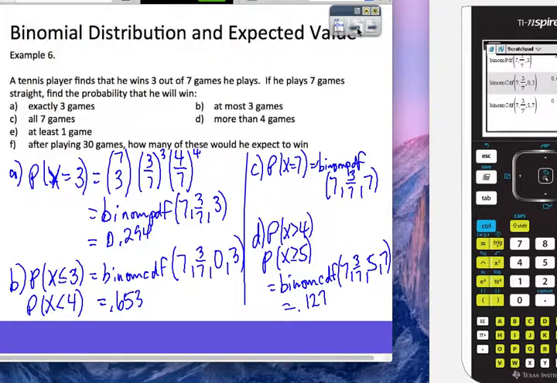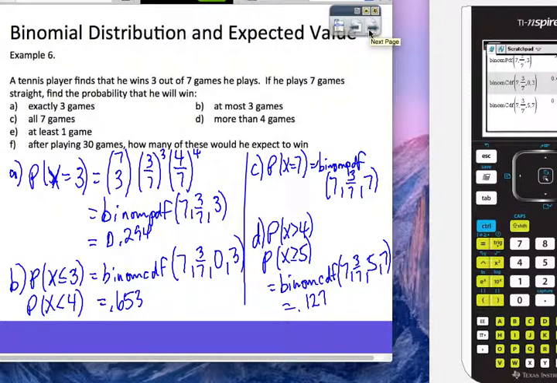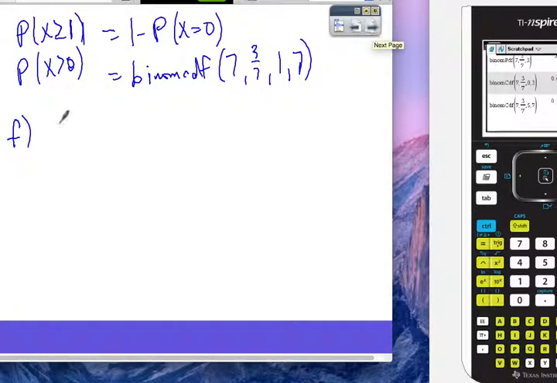The last question asks, after playing 30 games, how many of these would he expect to win? Again, quite easy. The expected value is np. In this case, the number of trials is 30.